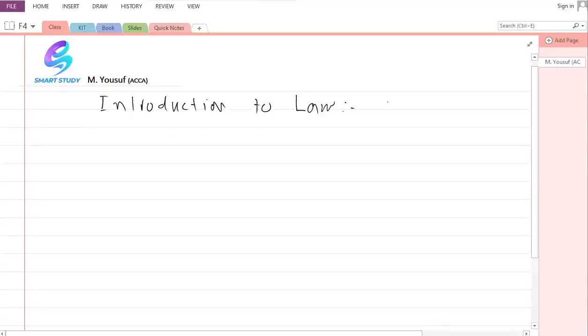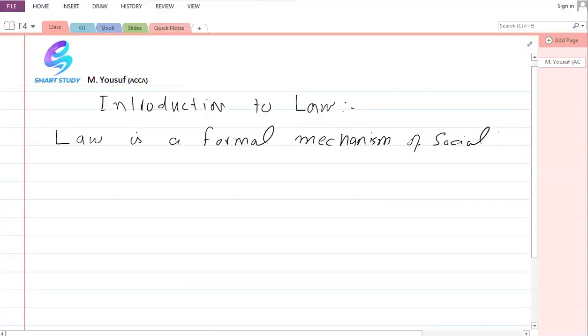So basically, let's start from the definition of law. How are we going to define the law? Law is a formal mechanism of social control.